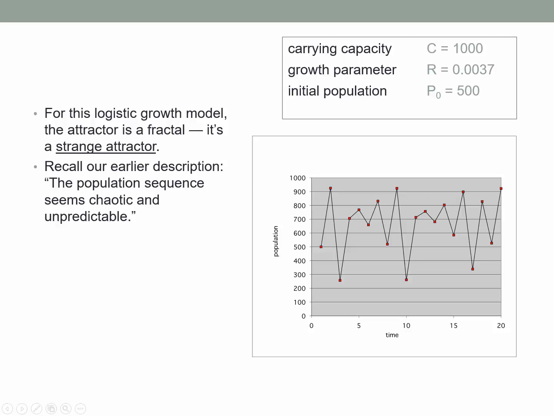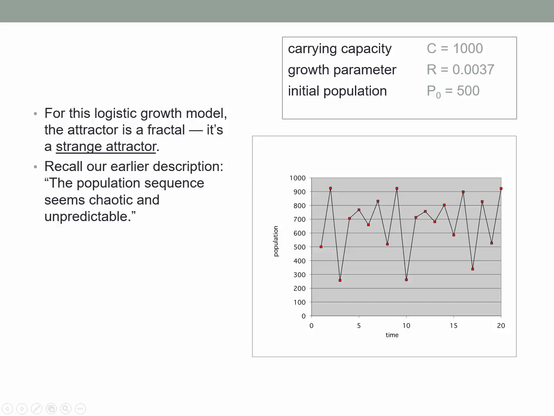What one can really understand about this, what deeper analysis will show, is that in fact there's a strange attractor. That is to say, it's not just one particular value that we're drawn towards, or 2, or even 4, but towards some very complicated fractal set, which is the strange attractor for this particular logistic growth model.